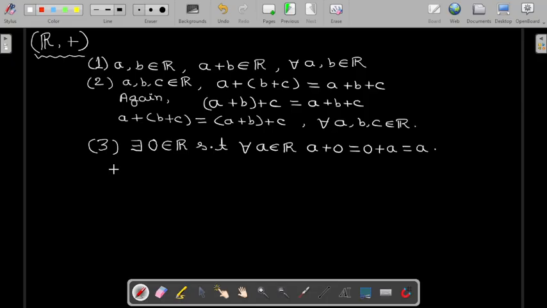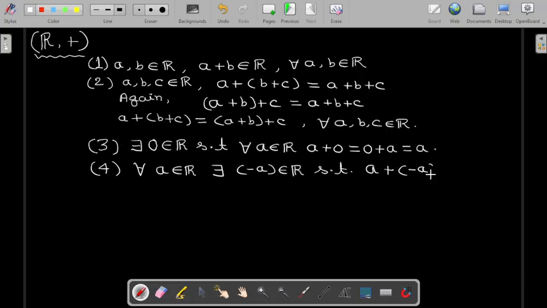For all A belonging to the real numbers, there exists minus A belonging to the real numbers, such that A plus minus A is equal to the identity element of that group (R, +). So we see that the inverse of any element exists.